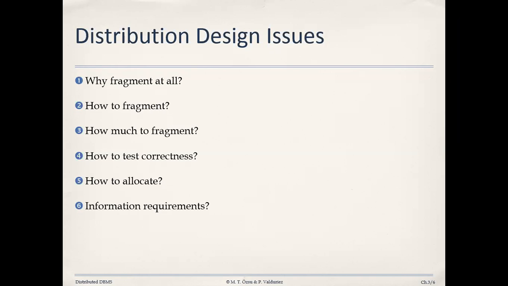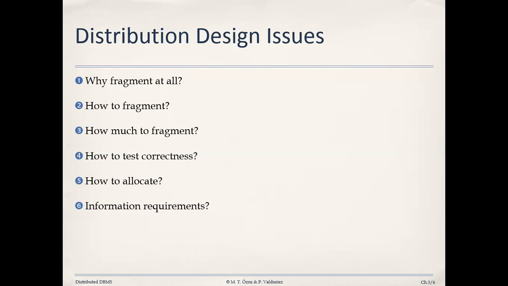Number 5, let's suppose it is all okay. How to allocate? Let's suppose you have partitioned the database into 3, but how do you decide that partition 1 will reside on this node, partition 2 will reside on another node, and similarly partition 3 on another node? How will you allocate it? What strategy will you use for the allocation?